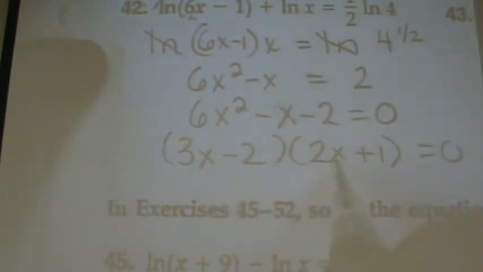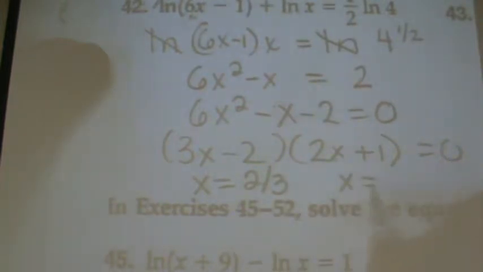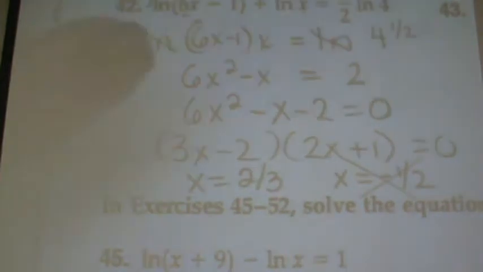Okay, so 6x squared, let's check this out, very good. So what are your two answers? 2/3 and -1/2. Now we want to be careful. I know that one won't work because of that, right there. The -1/2. The 2/3, if you did 2/3 here, yep, that's fine. So 2/3 is your only answer.